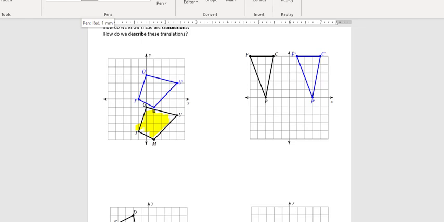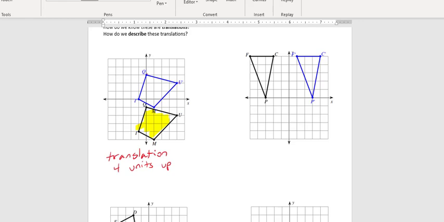In other words, I see M, I, Q, U. And when I look at the other one, I see M, I, Q, U. Everything is in the same basic position. All the angles appear to be the same size. Everything about this appears to be exactly the same except for where it's located. So I can say that this appears to be a translation. It just seems to be in a different spot. So then I say, okay, it's a translation, but then how was it translated? I can simply say for this one that it went up 1, 2, 3, 4. So this is a translation 4 units up.